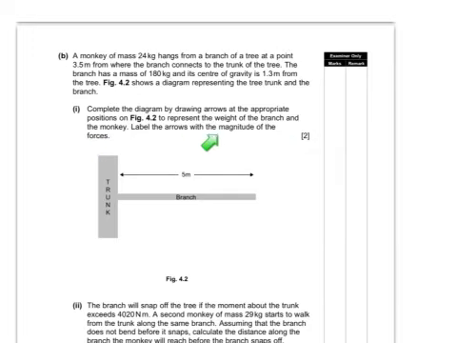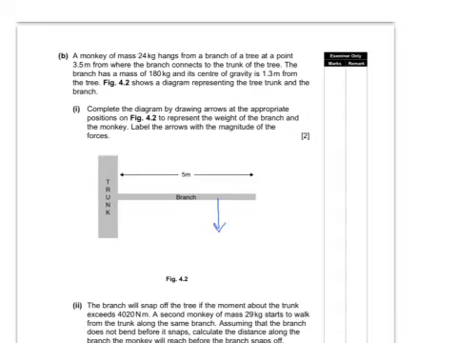So 2 marks here. One is for drawing an arrow that represents the weight of the branch, and the other mark is for the weight of the monkey. It wants the magnitude of the forces as well. So of course the weight of the monkey is going to be 3.5 meters from the contact point, so roughly about here.